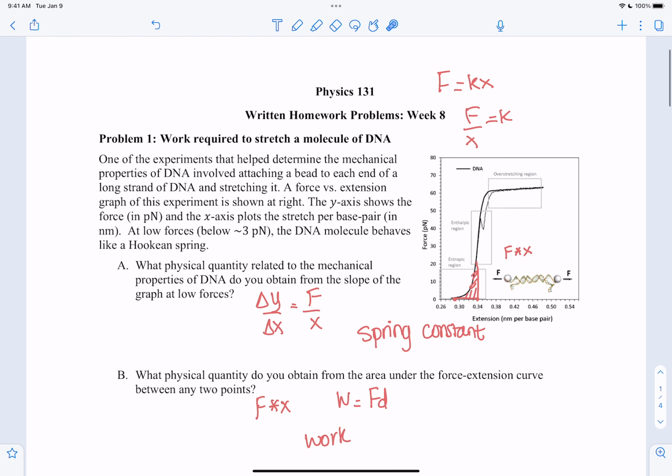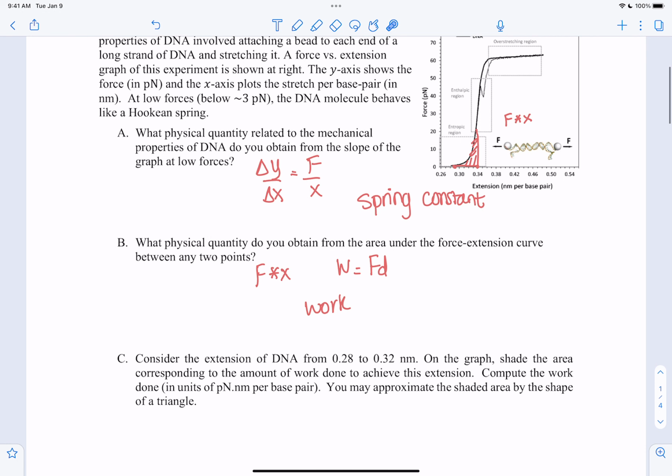So you're not going to have a constant force. You can say work due to non-constant forces if you want to be really specific. Either way works. It's just work in general. But if you want to, you can add work due to non-constant forces or work due to the spring force.